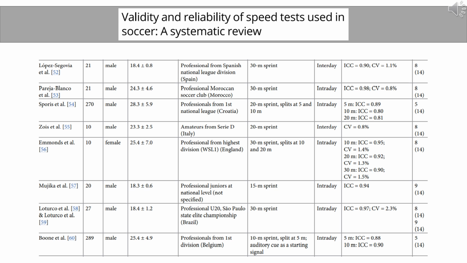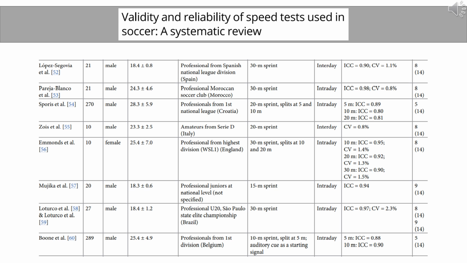So once we know and understand the prevalence of linear and curve sprinting in soccer, and we understand some of the key characteristics, it's of course, as I have done throughout this presentation, important to know that what we are assessing is both valid and reliable.